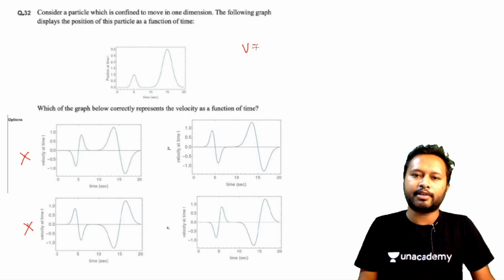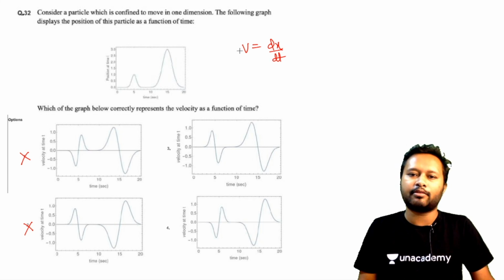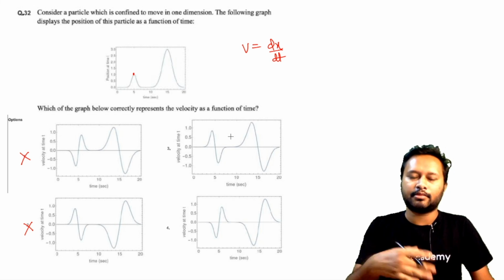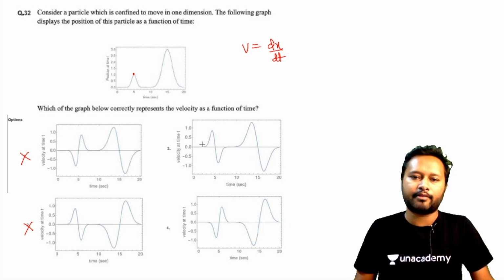You know velocity is equal to dx by dt, that means change in distance by time. So as x increases, your velocity also increases. So initially it should increase and then decrease, and at this mean point it will be 0, because the position is not changing, and then it will decrease. That makes option number 3 correct.